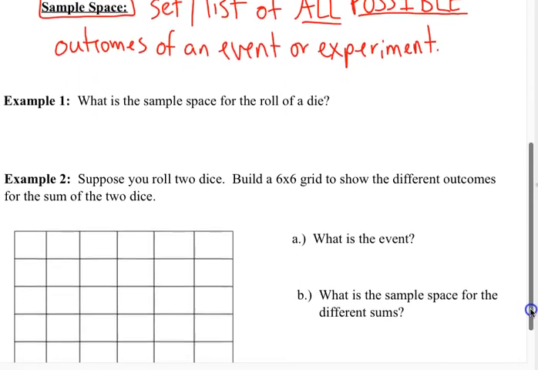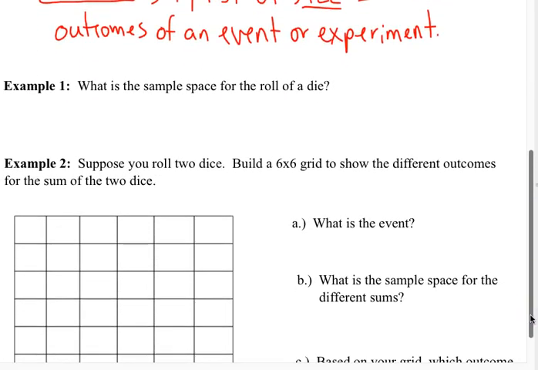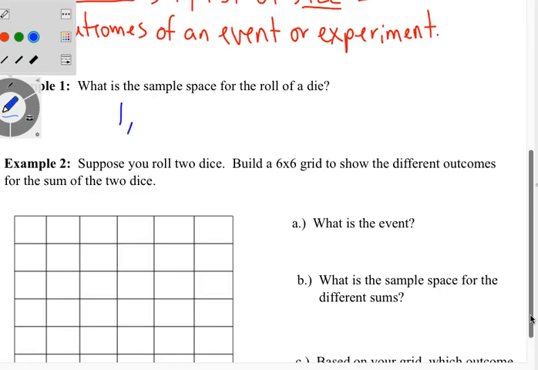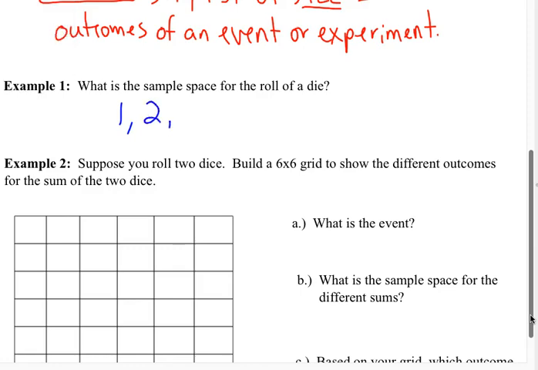All right, so in your homework, you're going to be asked some questions like this. What is the sample space for the roll of a die? Okay, so think about it. A die has 6 sides. When you roll it, you could get a 1 that comes up, a 2, a 3, a 4, a 5, or a 6.